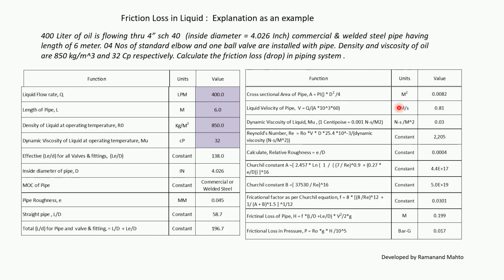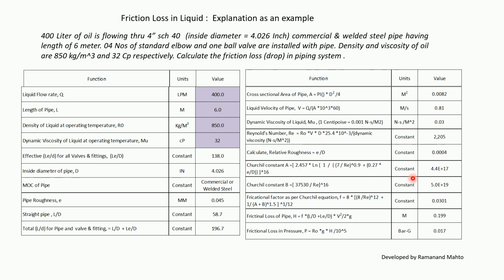Cross section area of pipe is 0.0082 meter square. Velocity of liquid in pipe is 0.81 meter per second and dynamic viscosity in Newton second per meter square is 0.03. Reynolds number is coming 2205. Relative roughness, small e upon capital D, is 0.0004.